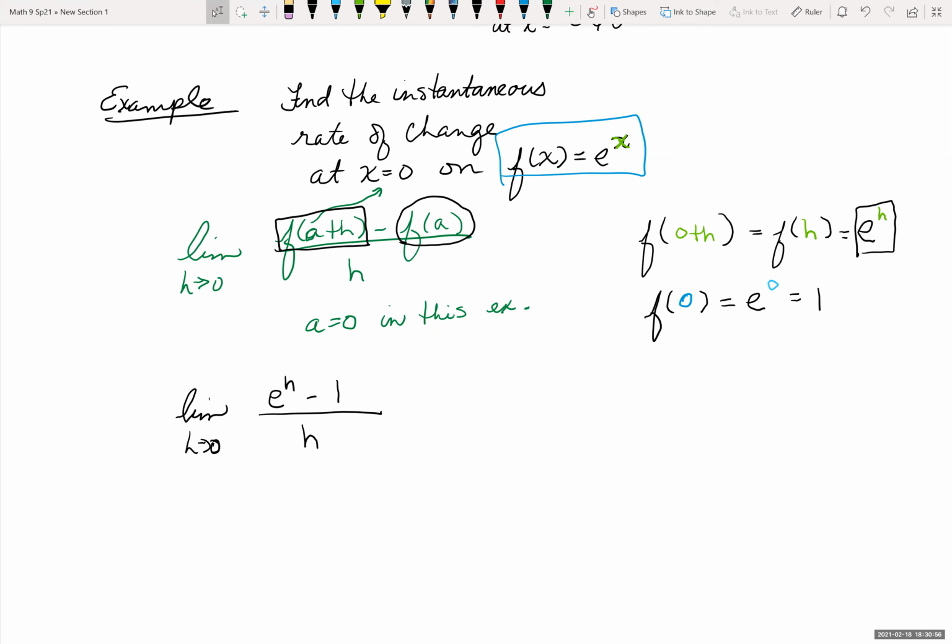So you're going to have some problems like this on the homework. And right now, how we're going to deal with this is we need to use either a graphing calculator or some calculator to help us. And so if you don't have a graphing calculator, which you don't need one for this class, you can use Desmos. So let me teach you how to do that.